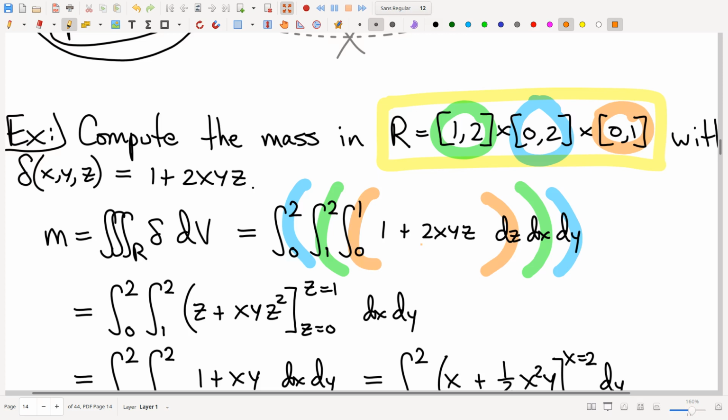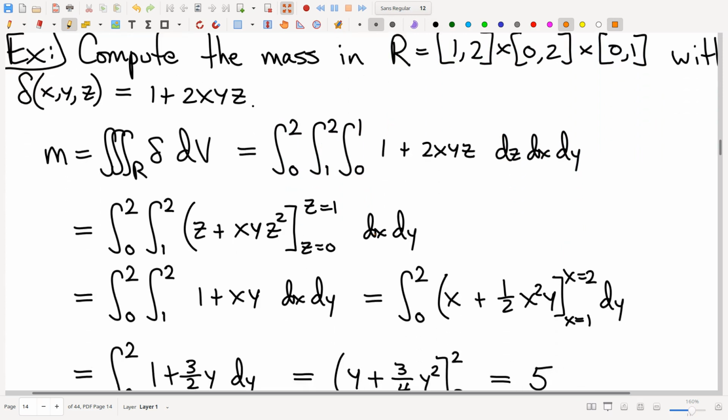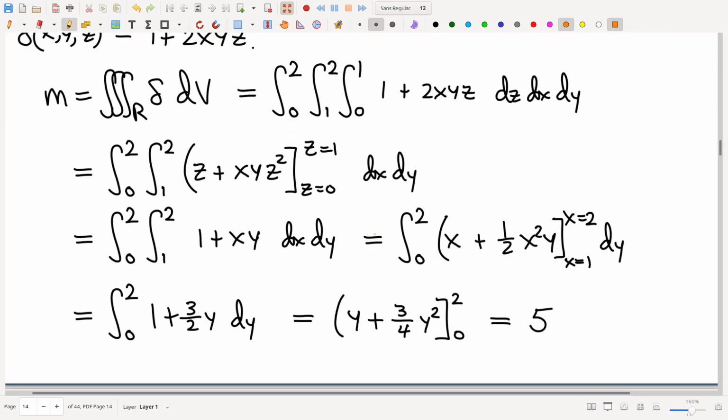Good. Okay. The rules for triple iterated integrals are exactly what you would think they are. For any integral, such as this dz integral, any variable further to the outside is to be treated as a constant. So x and y are constants for the purposes of that green inside dz integral. Yeah?